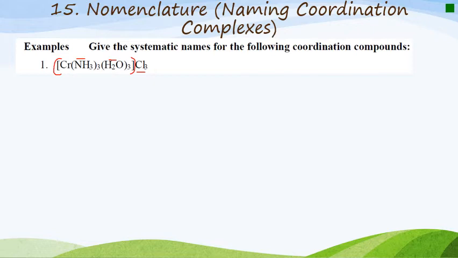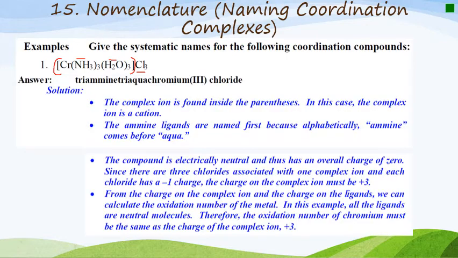All right, so how do we go about naming this thing? Let's put up the solution so that you can see what happens. All right, so I've basically explained the first 2 points on the list over there. So I've explained this one and explained this one. In this case, you will see that the complex is electrically neutral, and so it has an overall charge of 0.